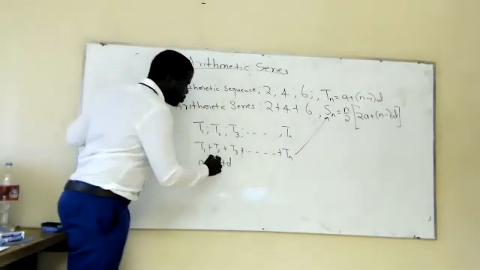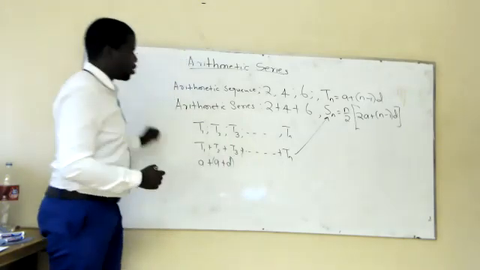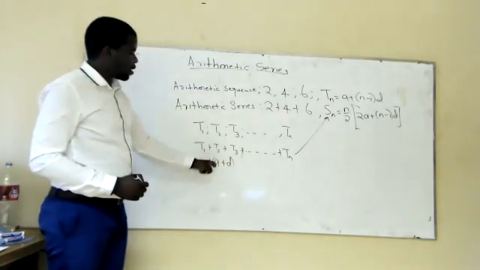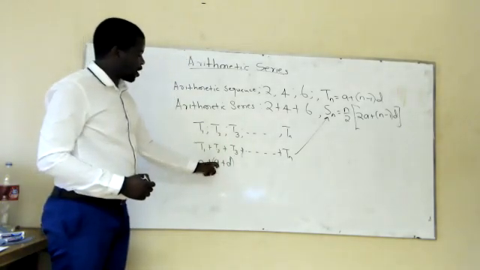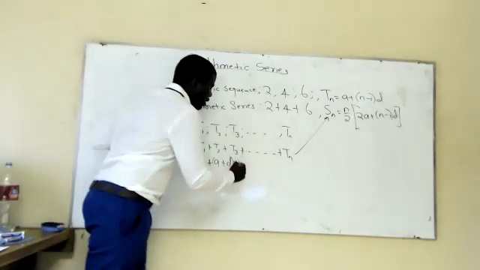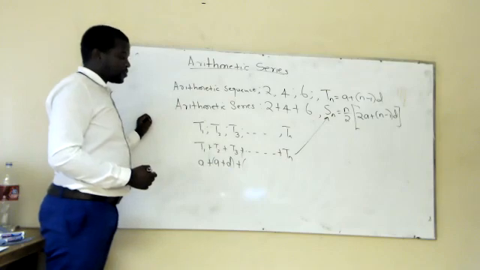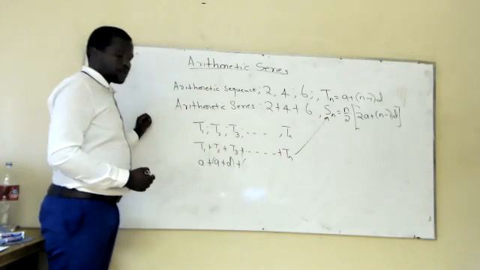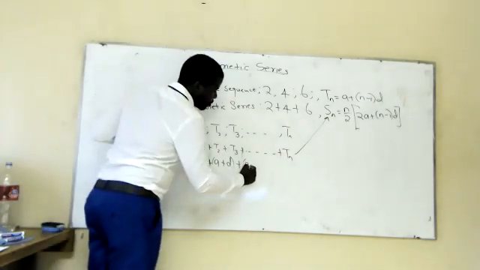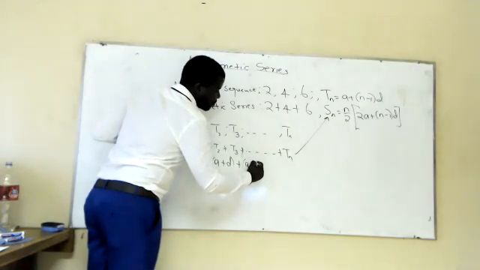So you can also put this in brackets so that you know that it's where we replaced T2 with A plus D. Now, can you tell me what is going to be T3 in this regard? Would it be A plus D? Is A plus what? 2D.